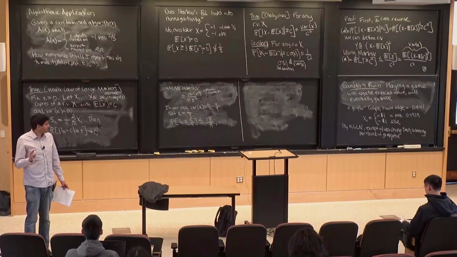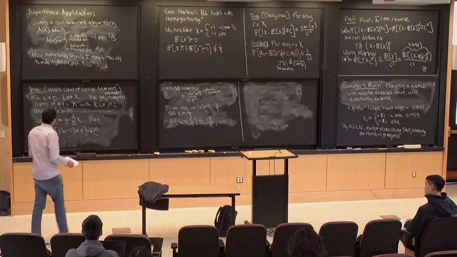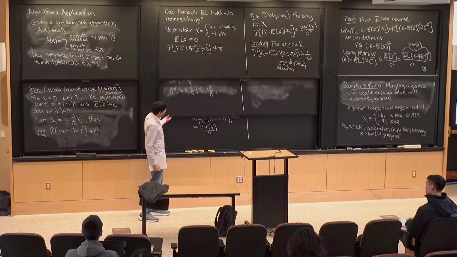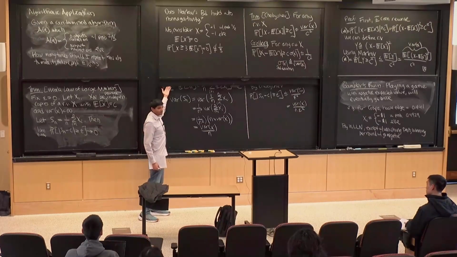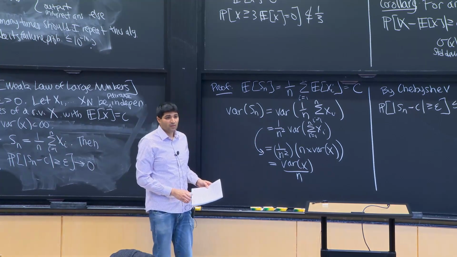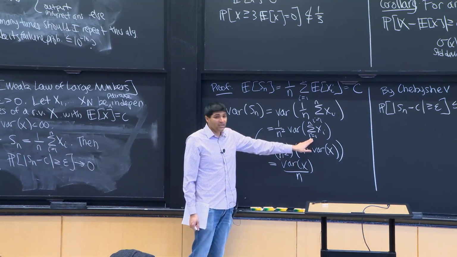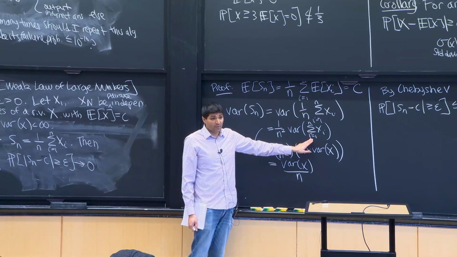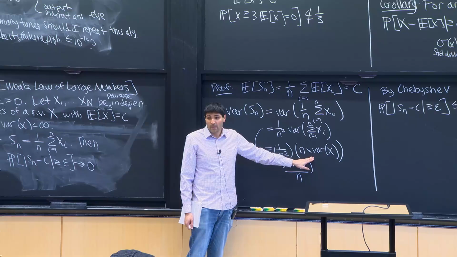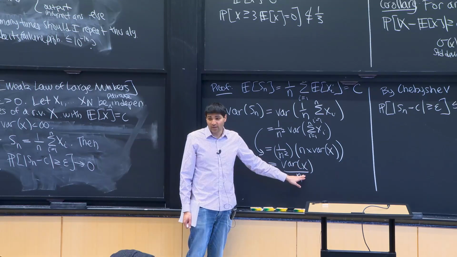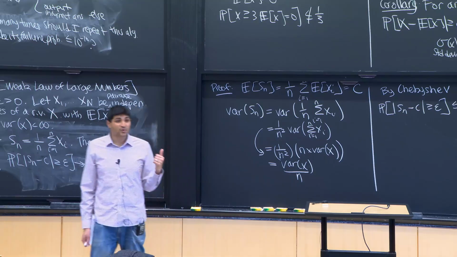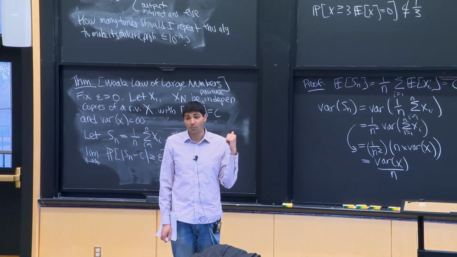So where in my proof did I actually use independence? It was only in this step right here. I didn't need all of these random variables to be mutually independent, just pairwise independent. That's exactly what got me the quantitative bound. But that's the weakness in applying Chebyshev: I'm not using as much information as I could hope to.